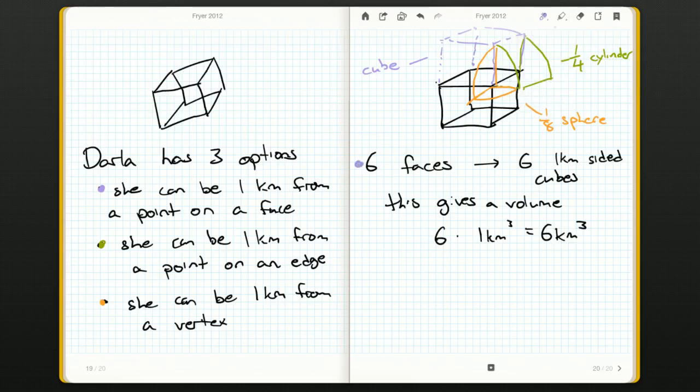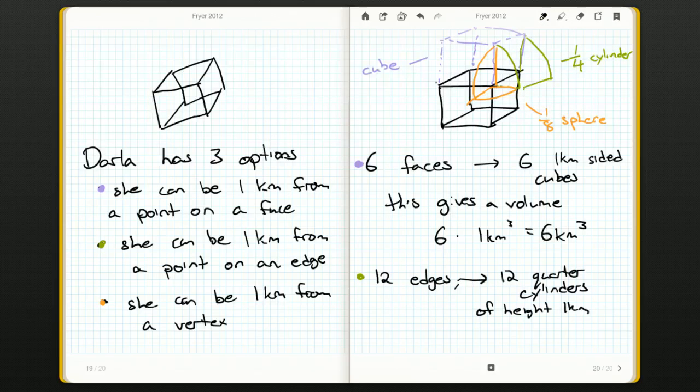All right. Now we have 12 edges. And that gives us 12 quarter cylinders of height 1 kilometer.